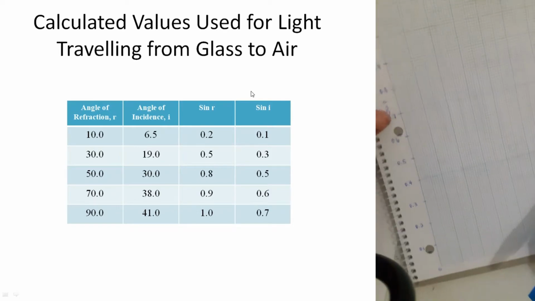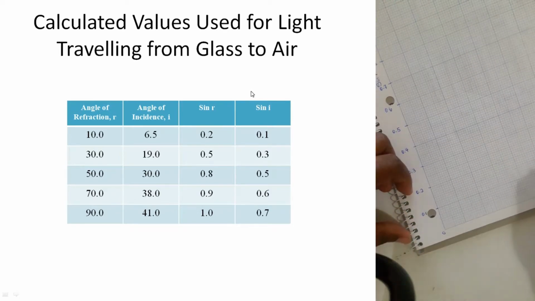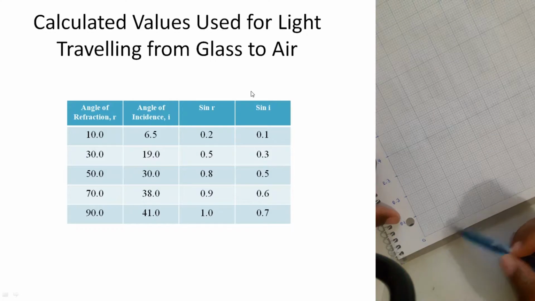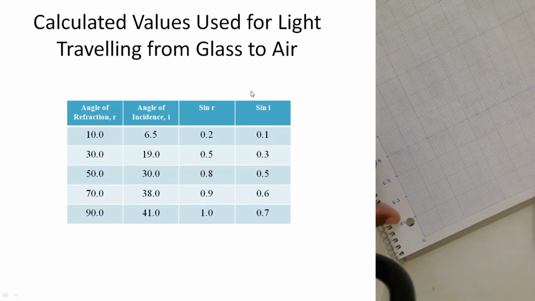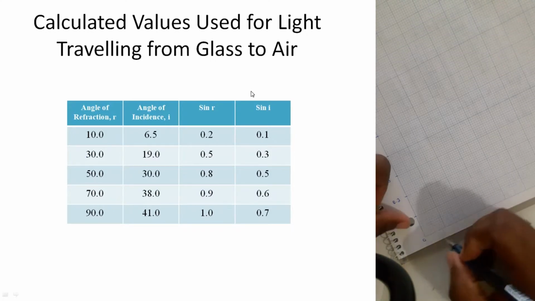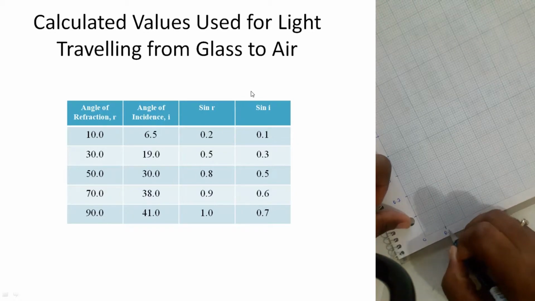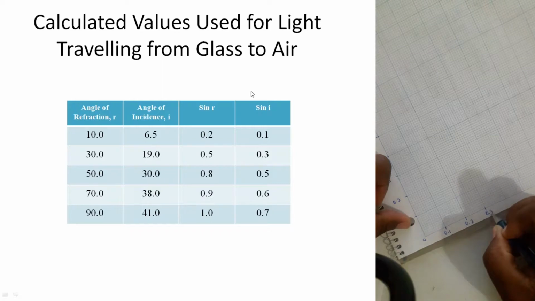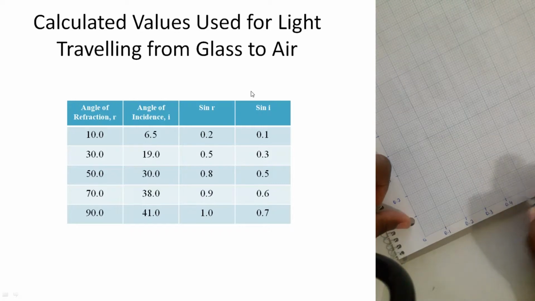And then on the x-axis now, you're going to plot, again, it's all in 0.1, so you could do 0.1, 2, 3, 4, 5, 6, 7. So this is good too. 0.1, 0.2, 0.3, 0.4, 0.5, 0.6, and then 0.7.